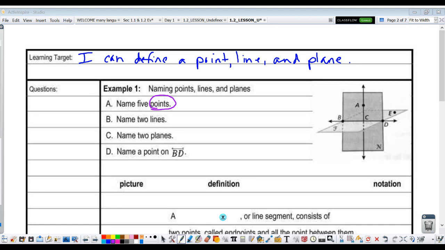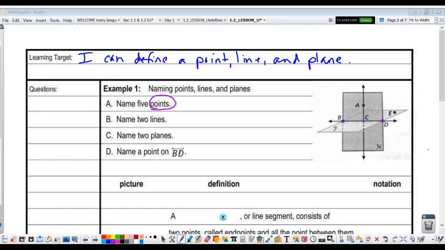But remember that a point is represented by a location in space. So we're going to have points A, B, D, and E. There's also a capital letter C, and because it is in the intersection, where two lines meet, there is an implied point there.